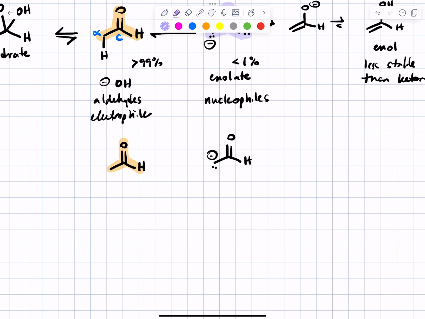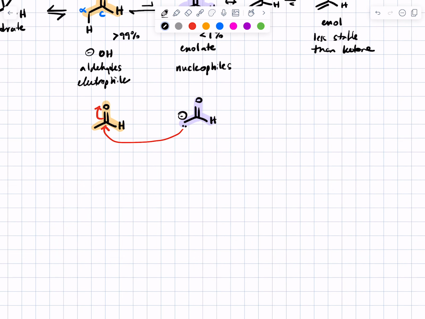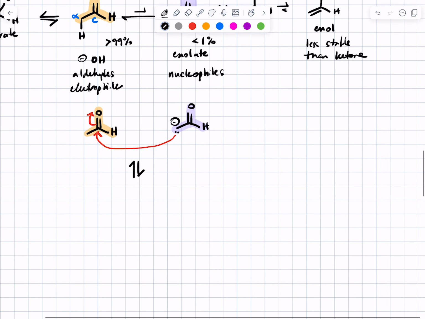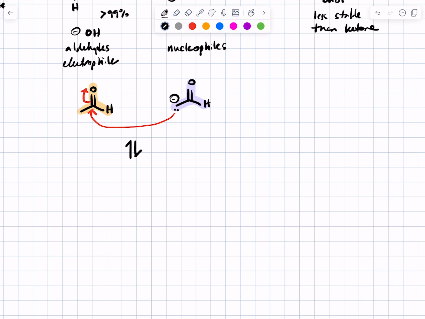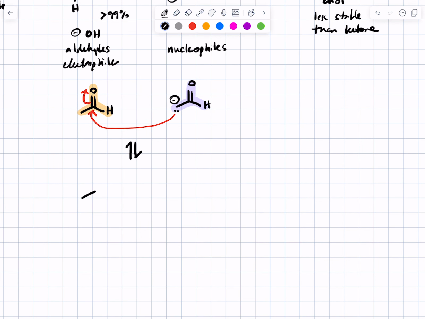So we'll use orange for electrophile, we'll use purple for enolate. Push the arrows. Let's have the alpha carbon attack the carbonyl carbon, we get a tetrahedral intermediate. I'm going to use an equilibrium arrow here because this step is reversible.